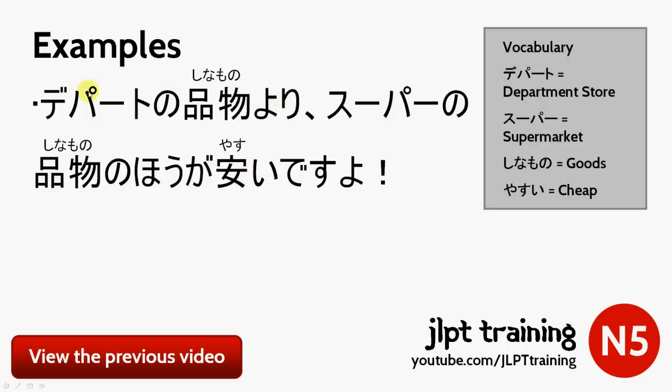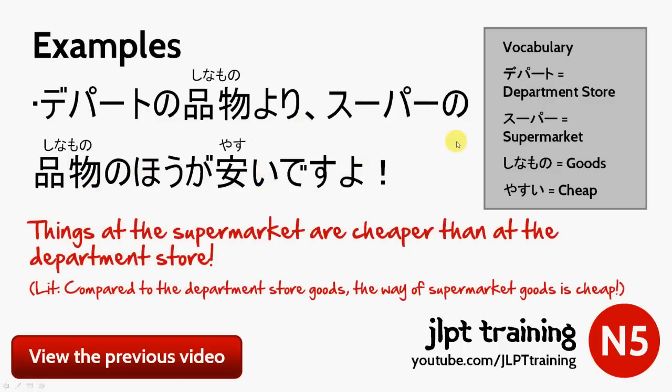So in comparison to the items sold by the department store, the items sold by the supermarket are cheap, or things at the supermarket are cheaper than at the department store. And as you can see, I've just got the literal translation down there.